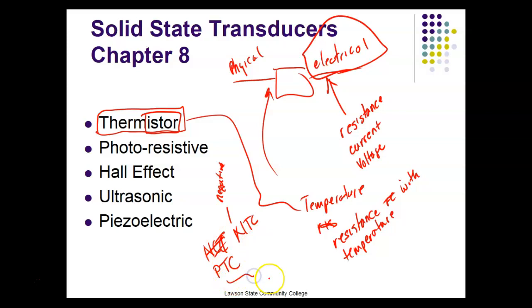And what does the T stand for? Temperature. Okay. And the C stands for? Coefficient. So find these things in your book and tell me what NTC and PTC stand for.